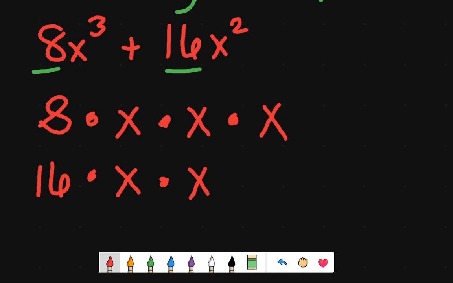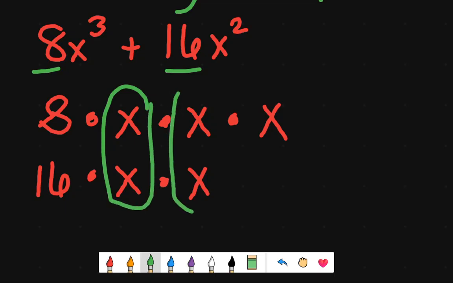When you go to the process of factoring out your variables and the exponent, you have to find out how many of the variables are in common. What is the smallest number that they have in common? In this case, they both have at least 2 x's, okay? So this is what you would factor out along with the greatest common factor between 8 and 16.